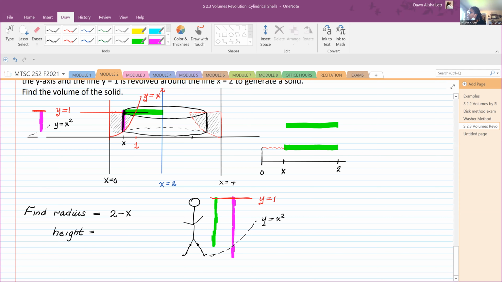So I take the whole thing, y equals 1, subtract off the part that is y equals x squared, and that leaves me only the piece I want. So this is 1 minus x squared.